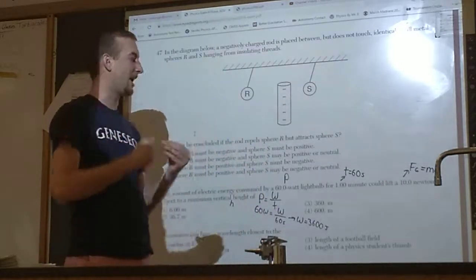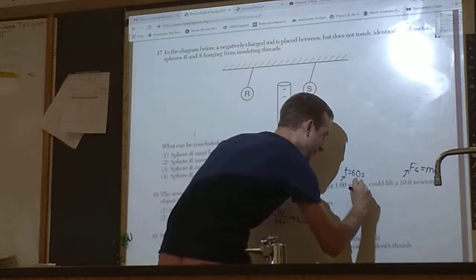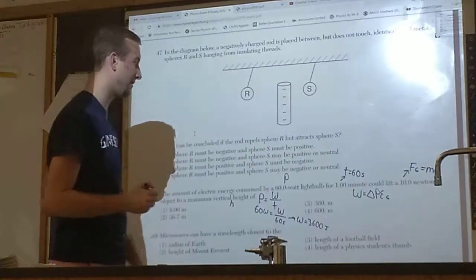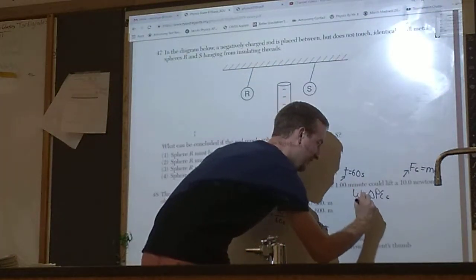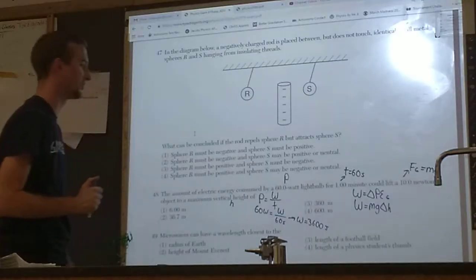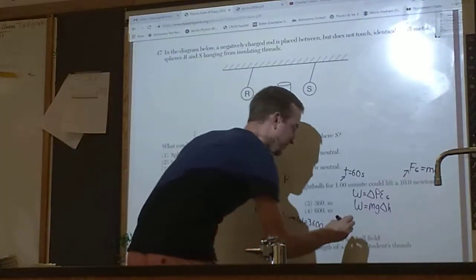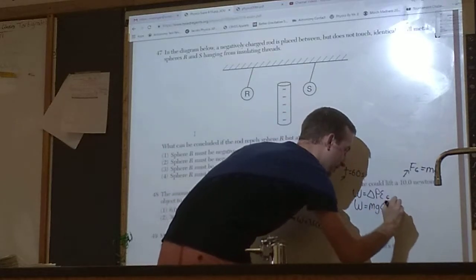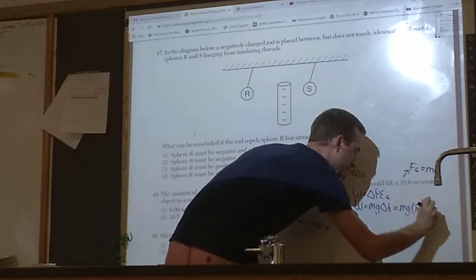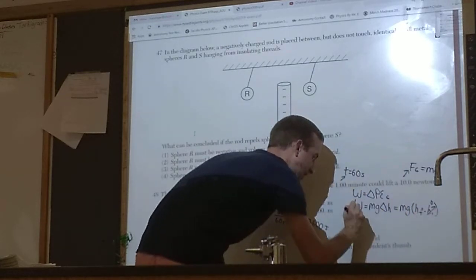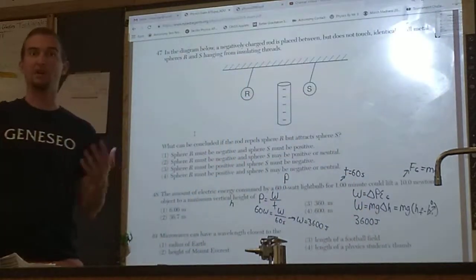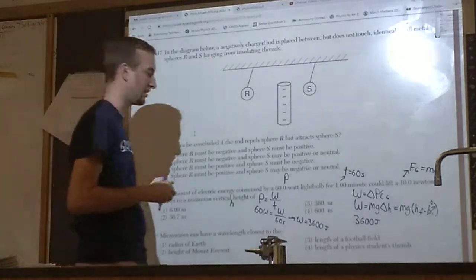Now, what do we want to do with that energy? We want to lift this object up. So we want to do some work to change the gravitational potential energy of an object. And if we're changing the gravitational potential energy, that means we are changing the height. We want to lift it up to some height, assuming it starts at the ground. So we're going to assume the initial height is 0, and then we're going to plug in the work done, the energy that that light bulb gave off, if we were able to turn that into gravitational potential energy somehow.